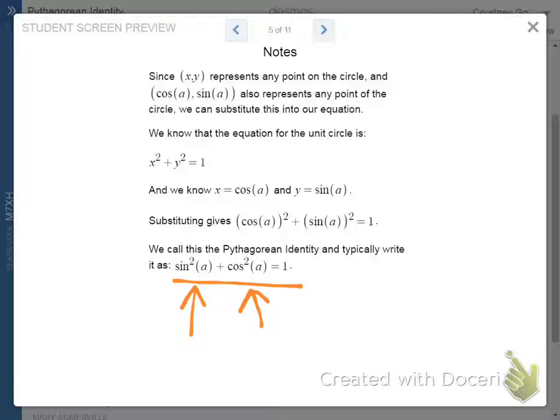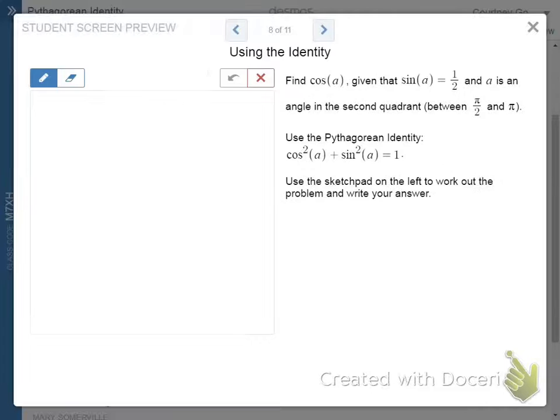And then what's the cosine of 73 degrees? If you square both of those values and add them together, you get 1. So it's a nice identity, and how we're going to use it for the rest of the lesson is in solving problems. So if we know sine, but we want to find cosine, we can use this identity, and the vice versa as well. Okay, so let's go ahead and have some examples.